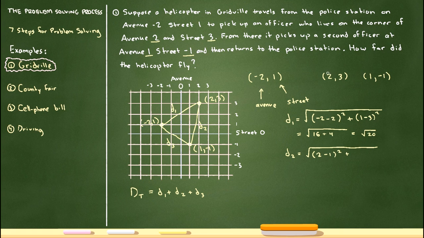So the difference of those x values, 2 and 1, and then the difference of the y values, 3 and -1. So that's 3, and be careful, that's minus a -1. And we're going to square all of that. So now when we do the math there, what do we get? We have 2 minus 1, and then squared, so that's going to be 1. And then 3 minus -1, that's 4 squared, so that's 16. So this is equal to the square root of 17.